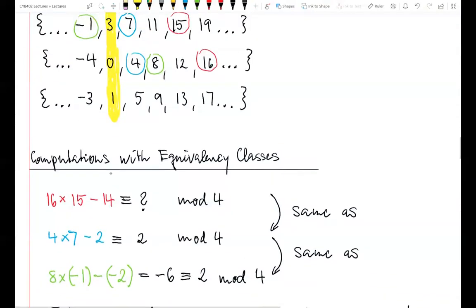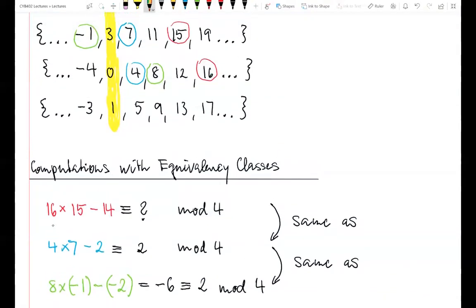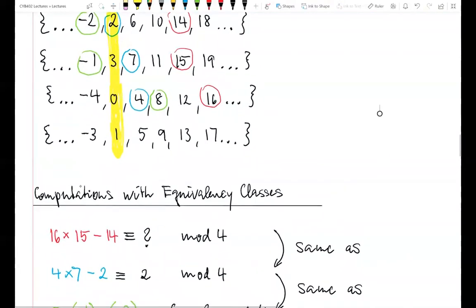So what we can do, however, before we compute this product here and arrive at a relatively large number, is replace these numbers here with equivalent members of their corresponding class.